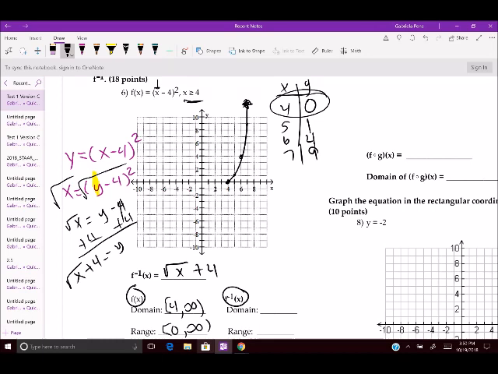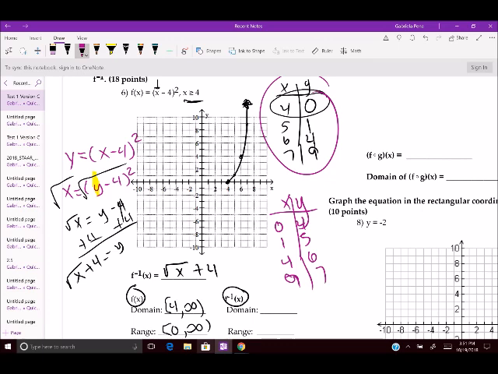square root. Now we easily learned that in order to find the inverse of a table, all you had to do was switch your x and y. So this became 0, 4, 1, 5, 4, 6, and 9, 7. So this is the inverse function.